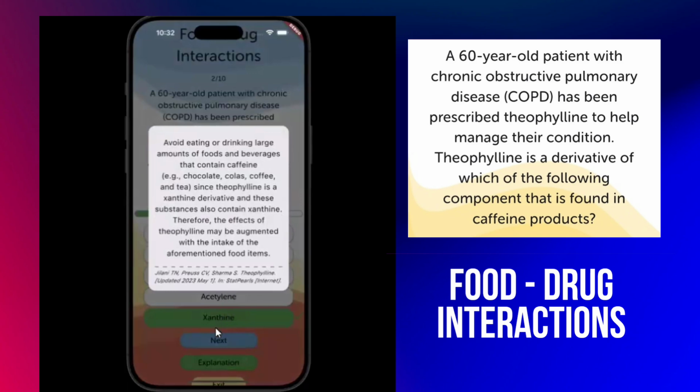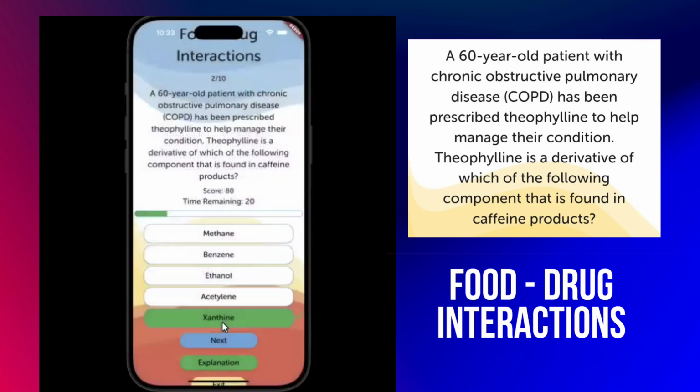So we want to be very careful because you can have augmented effects or higher chances of toxicity from the drug, since you have higher serum levels of theophylline as a result of co-administration of theophylline and caffeinated drinks, okay? So patients that are on theophylline should avoid drinking coffee or eating high amounts of caffeinated food products.